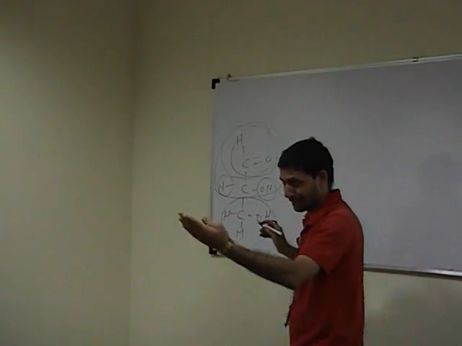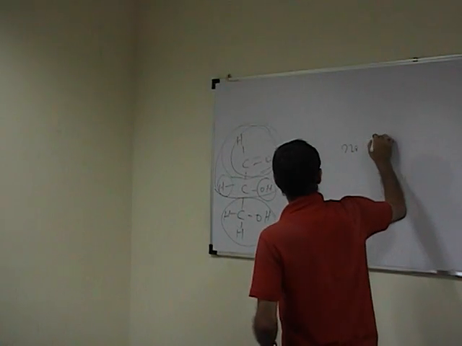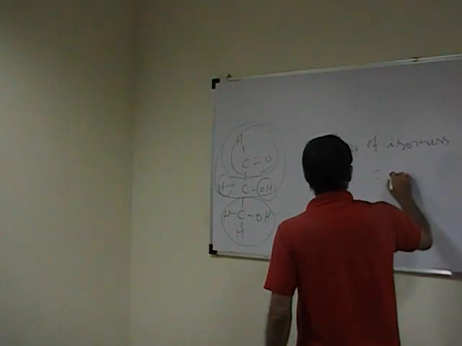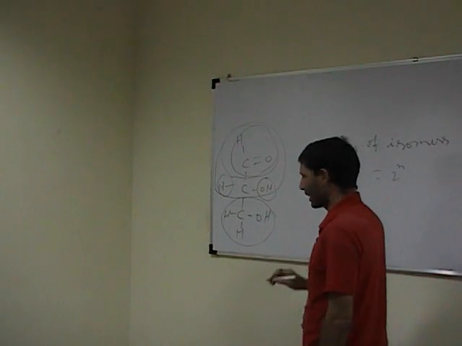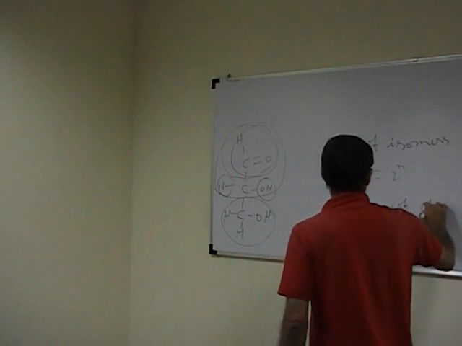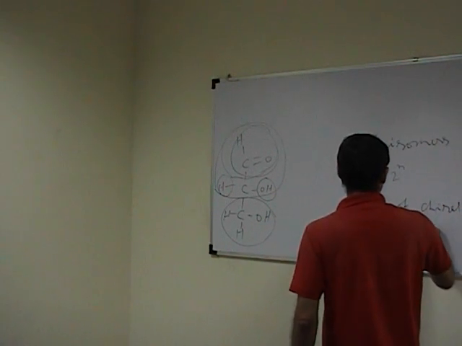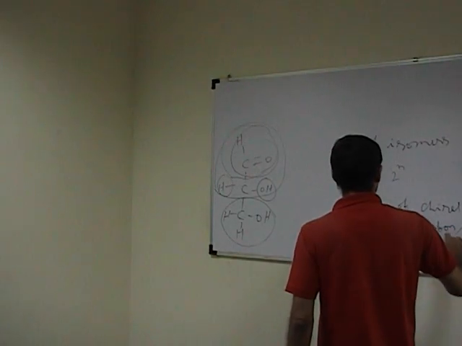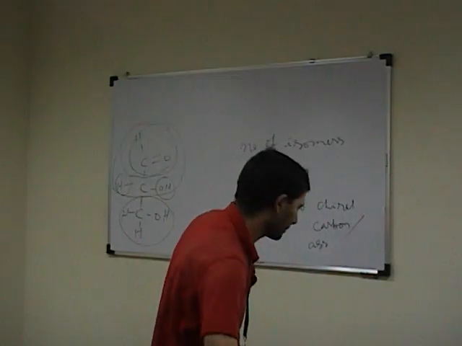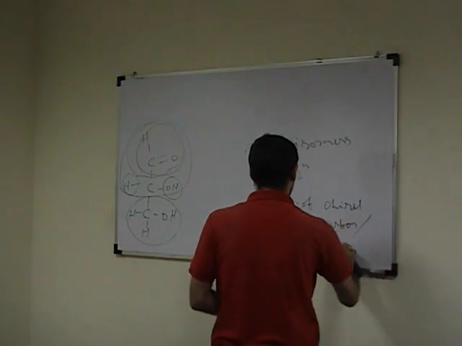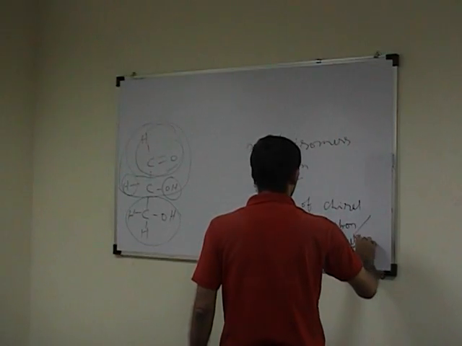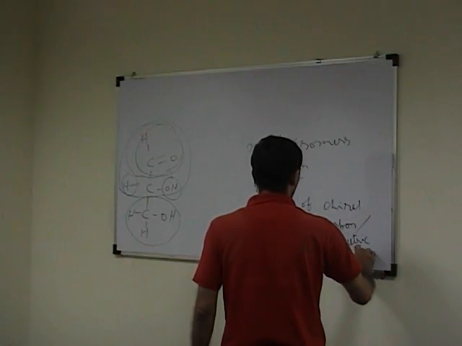Now, you were telling number of isomers is equal to 2 to the power n. N is equal to number of chiral carbon or asymmetric carbon. Okay?